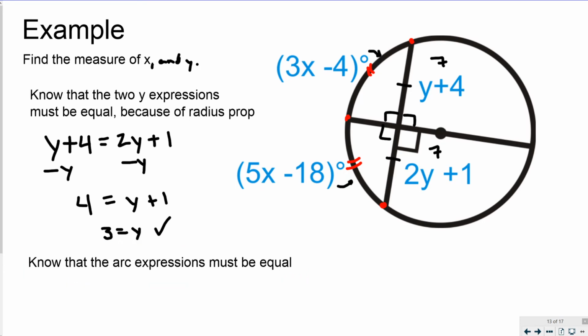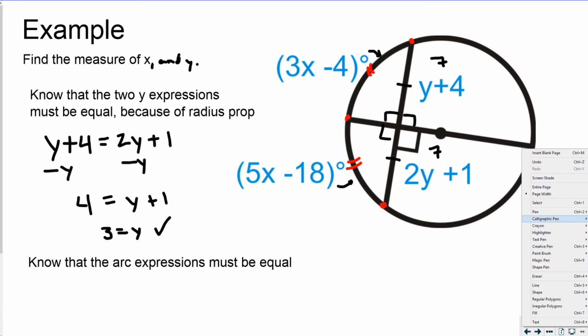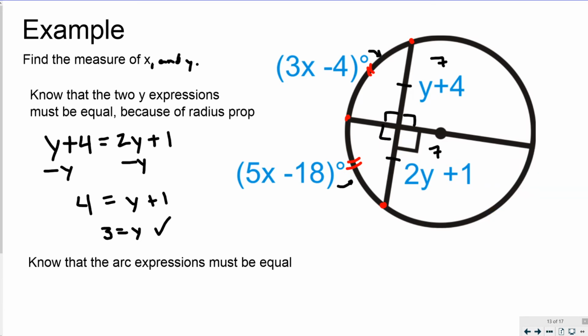So now that means I can write an equation, and that equation would be that 3x minus 4 has to equal 5x minus 18. So if I go ahead and start moving stuff around, I'm going to take away 3x from both sides, and I get negative 4 equals 2x minus 18.